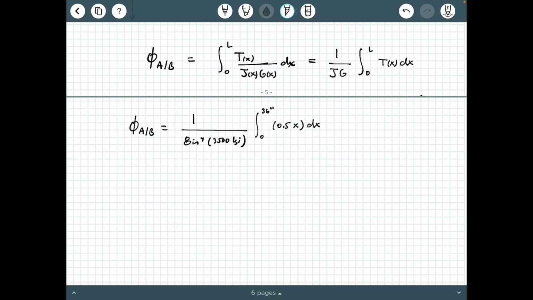Now, why am I going to 36 inches? Well, I've got 8 inches to the 4th and 3,500 KSI, so I've already got units based on inches here. So if I integrate from 0 to 36 inches, which is 3 feet converted to inches, it'll all work itself out. The reason is because this term, 0.5x, is a torque, and right now it collectively has units of kip feet.